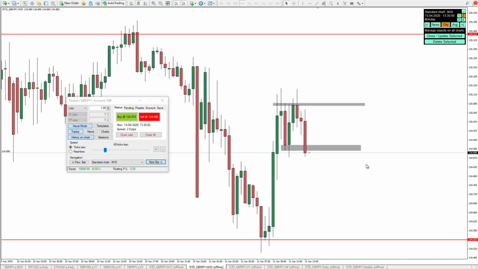So now we got this break outside of the range. Let's see if we can get an entry. What I want to see for that is price waking up, breaking down.